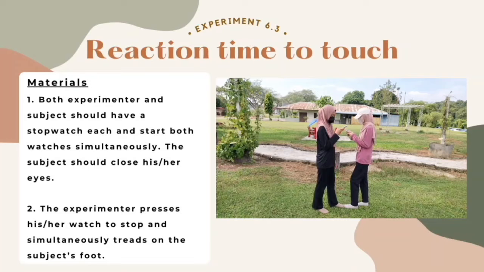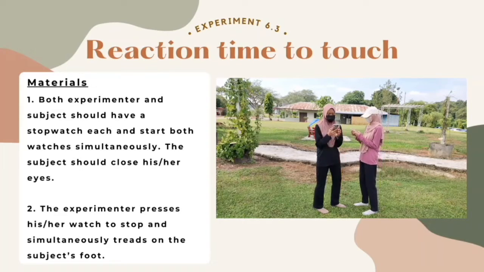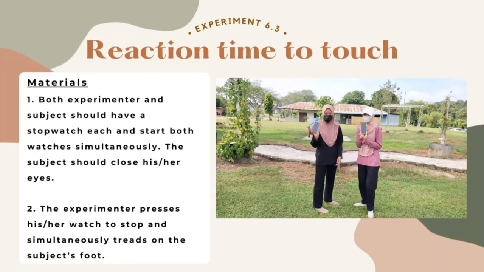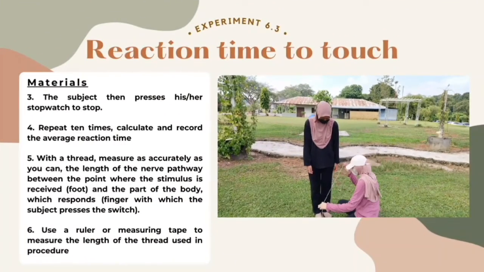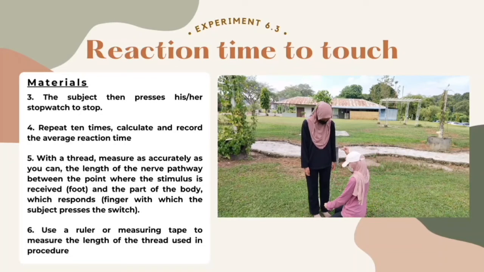The subject should close his or her eyes. The second is that the experimenter presses his or her watch to stop and simultaneously touches the subject's foot. For the third procedure, the subject then presses his or her stopwatch to stop. Repeat 10 times and calculate and record the average reaction time.